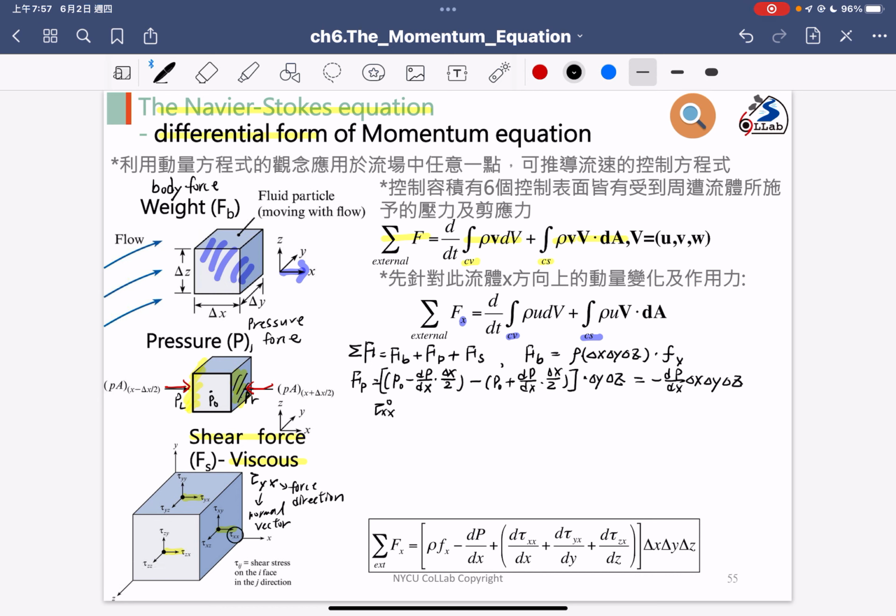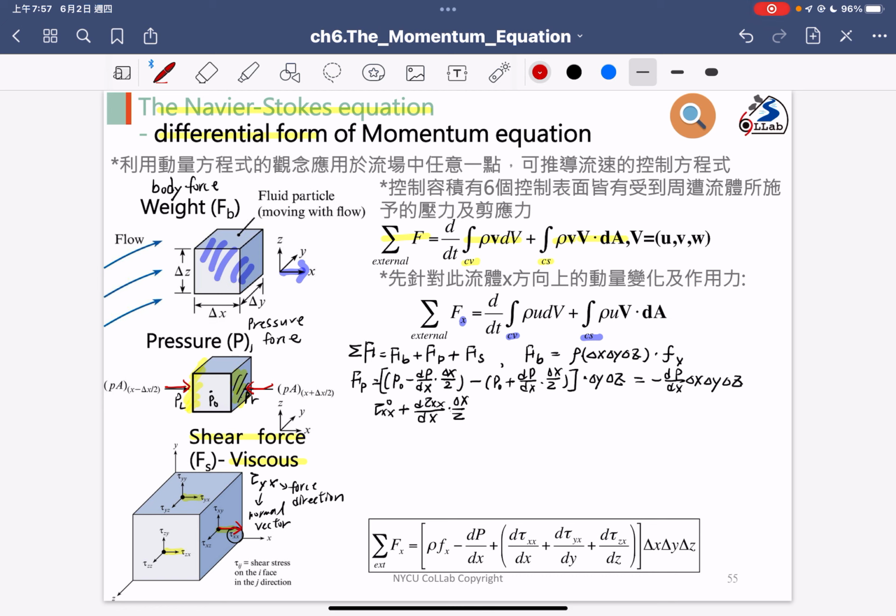On the right hand side, we need to predict tau x based on tau x0. So it is equal to tau x0 plus d tau x x, which is linear along the x direction, times 2 over delta x, because on the right hand side the force direction goes to the right.